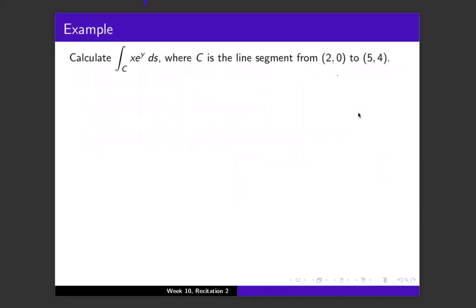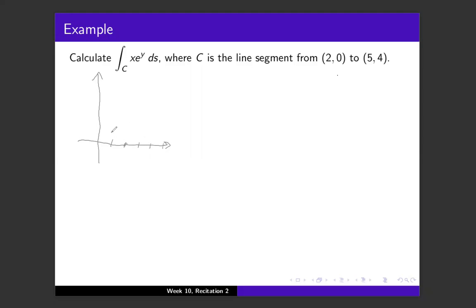Let's get started. Okay, so let's start off with this guy. You've got the integral of x e to the y ds, integrated over C, which is the line segment from (2, 0) to (5, 4). Let's see if we can get a sense of what this looks like. It's also a very good idea to try drawing a picture. So you've got 1, 2, 3, 4, 5.